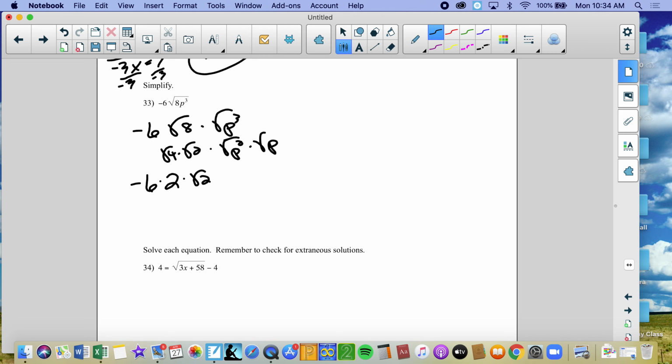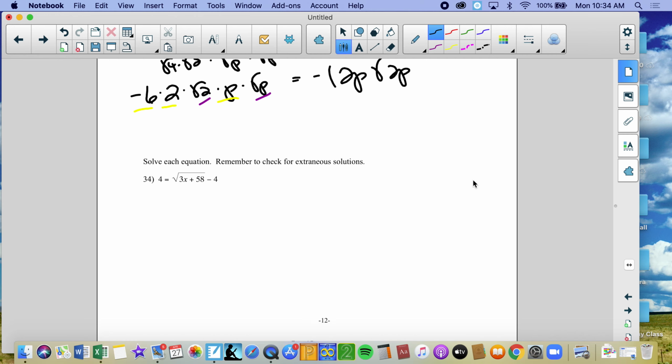The square root of p squared becomes p, and rad p stays rad p. Whatever is outside of the house, negative 6, 2, and p, we're going to combine those to make negative 12p. Whatever is inside the house will be recombined under the same house, 2p. So negative 12p rad 2p.